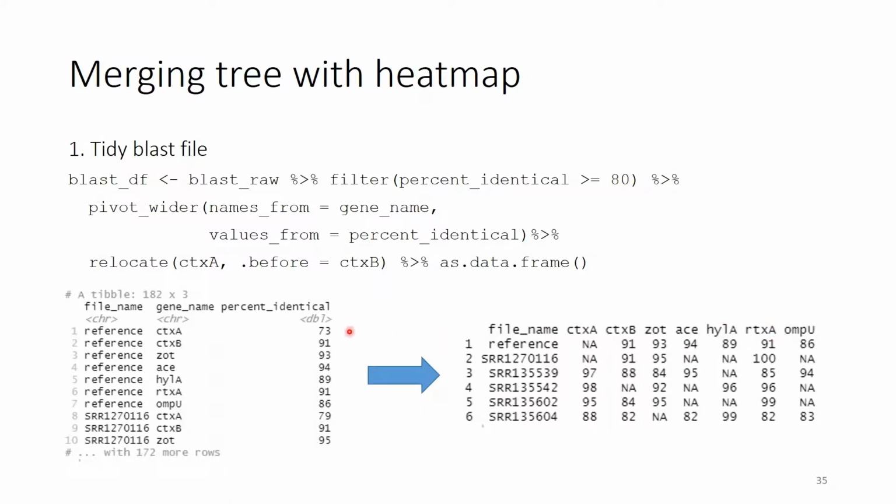And then the values from %identical are here. And anything less than 80 will appear as NA. And then I piped it through as a data frame. If you don't change it to a data frame, there is an error that happens in the next step. I also used the relocate function because, for my own visualization purposes, I want this particular gene to appear first.